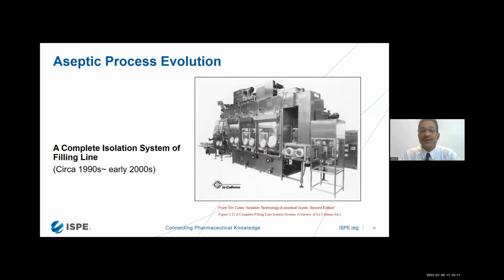This isolator, which they initially developed for sterility testing, slowly came to other production activities like vial filling lines, ampoule filling lines and PFS, and this is where isolator technology started developing.